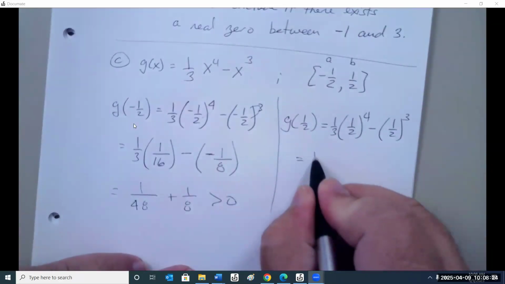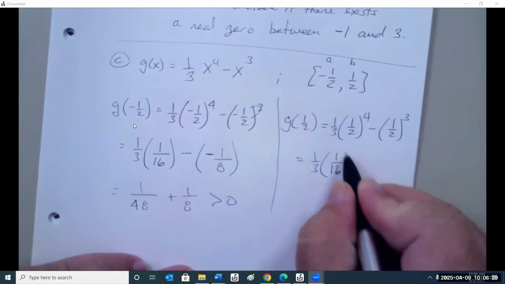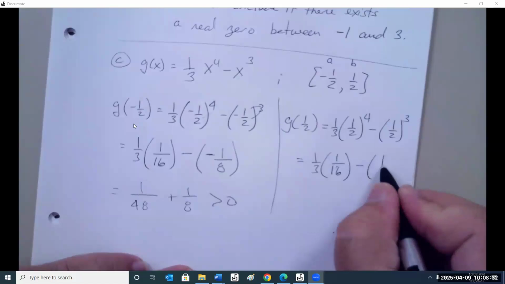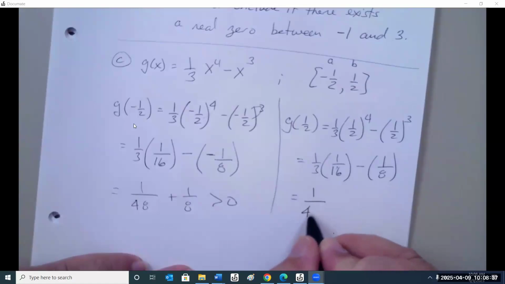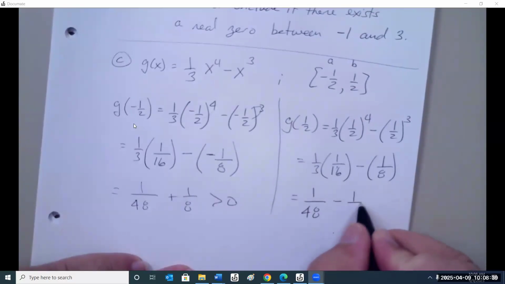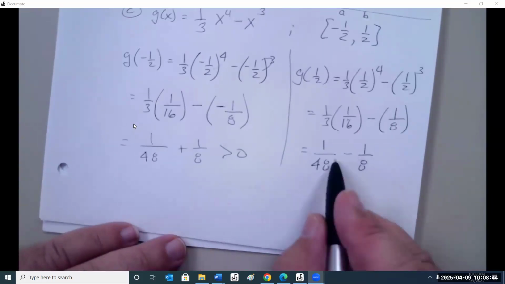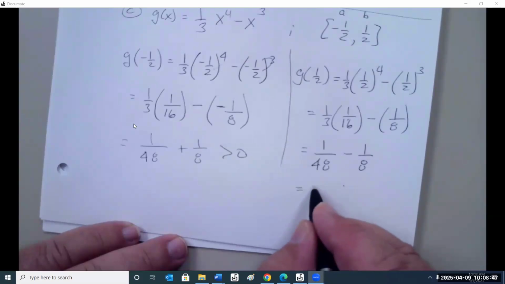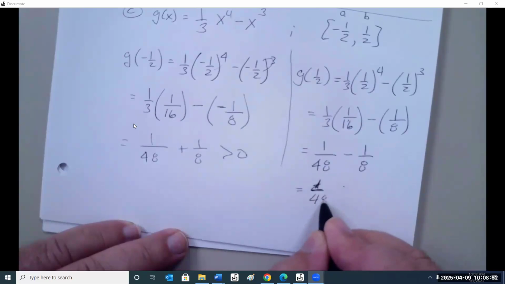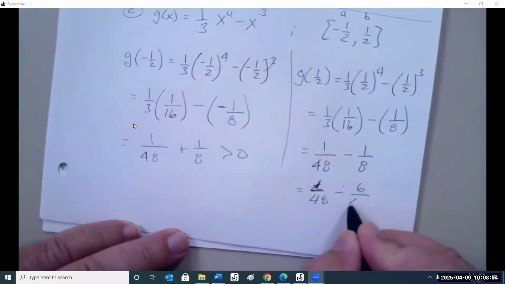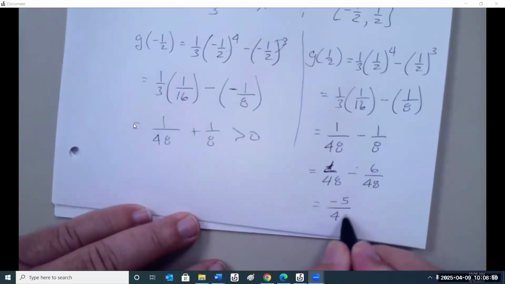So that's all we care about. And the other one, 1/3 times 1/16, minus 1/8, is 1/48 minus 1/8. Now, because it's a minus sign, we have to get a common denominator. So it's 1/48 minus 6/48, which makes it a negative 5/48.